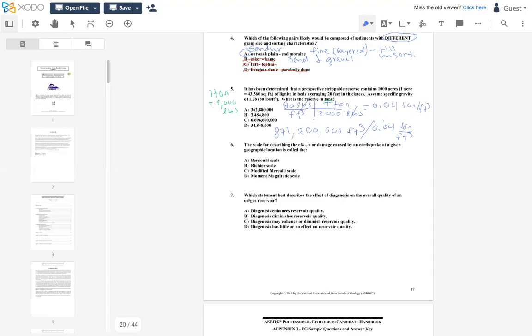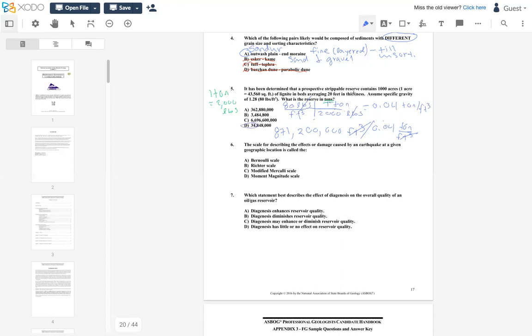So when you plug this in and you divide by 0.04 and your cubic feet cancel, you get 34,848,000, which is answer D.